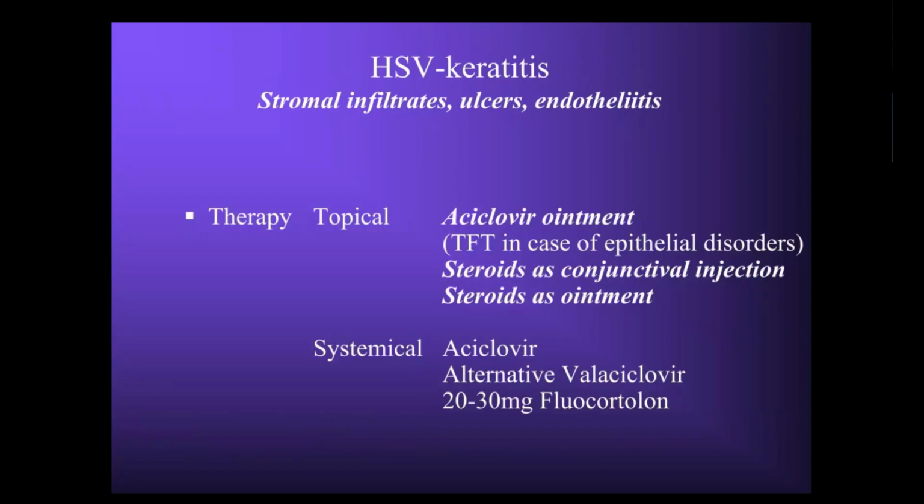And you can see here, we administer in such cases acyclovir ointment 5 times a day, TFT only in case of epithelial disorders. That means if the epithelium is open, if you have an ulcer, you may administer TFT. Otherwise, acyclovir is the better treatment.